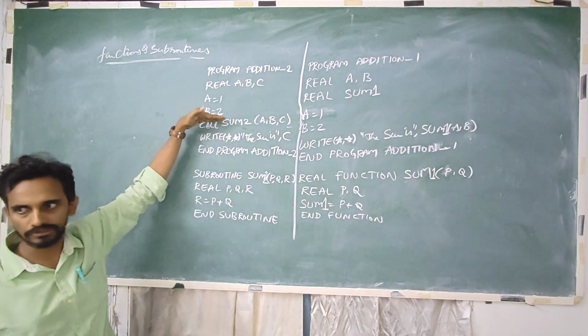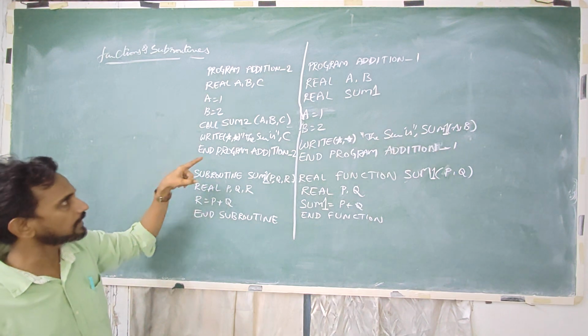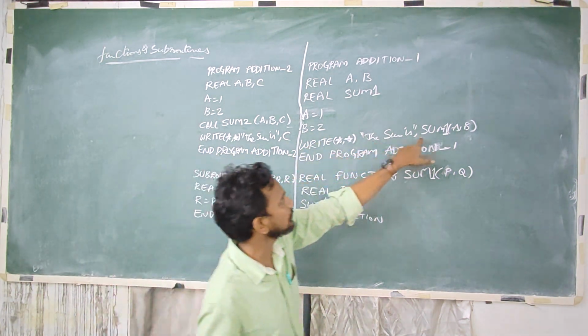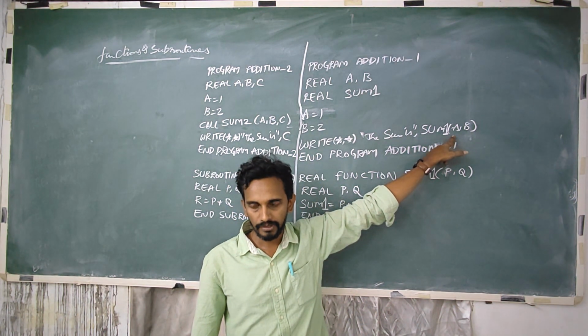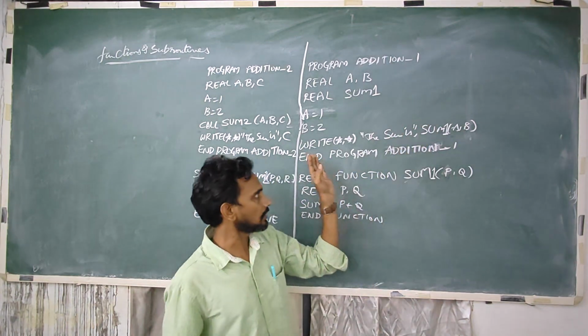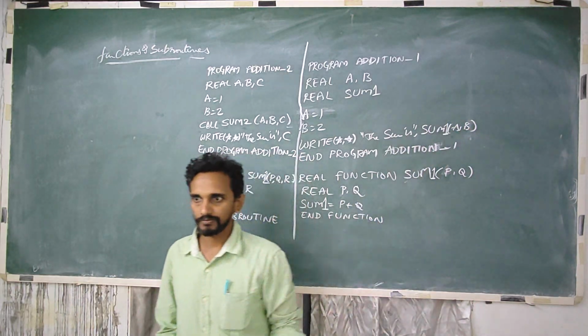Entire main program process will be stopped and control goes to subroutine. Whereas function call will be in line with the main program. Function can be used anywhere in the program. So within the process, within the line itself, a function can be called.